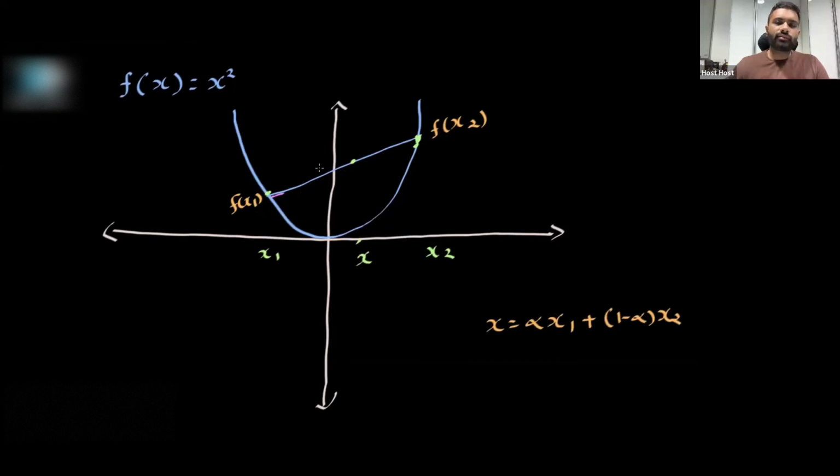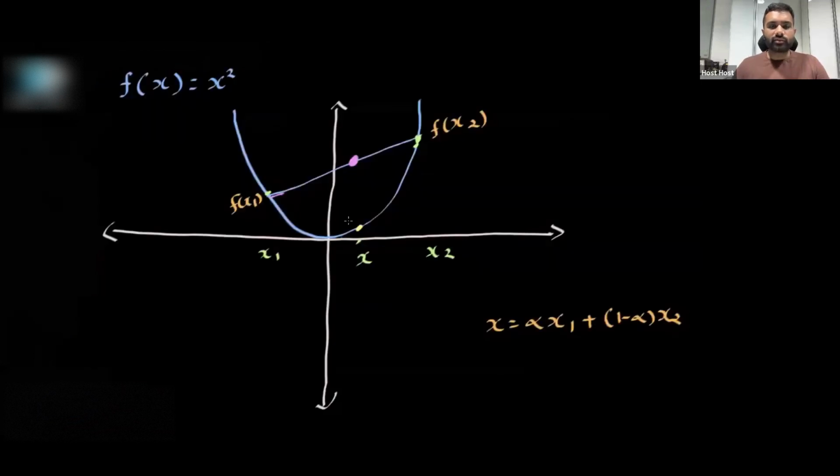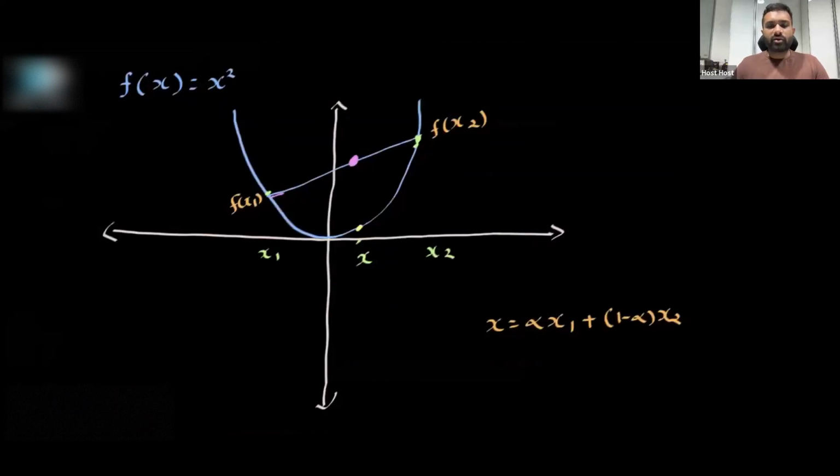More specifically, the orange point will be more than the yellow point. That is the functional value at that particular x. That's what I have written in the first definition. So f evaluated on that point, that means the functional point, the yellow point, and the point on the joining line, that is this line, is the pink point.